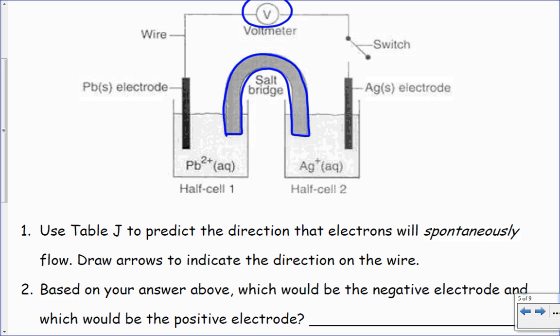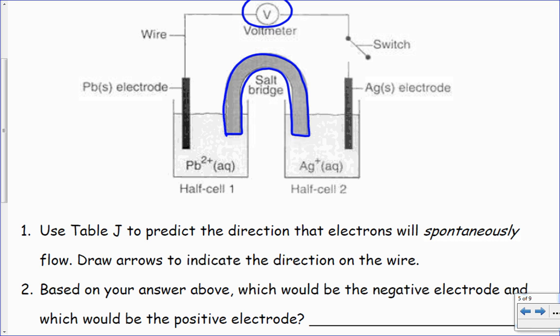So if I look on the reference tables at Table J, I have to see who's higher, lead or silver. I already know that silver is on the bottom because gold and silver and copper are on the bottom of this chart. So this one I just kind of remember, right? So lead is higher.